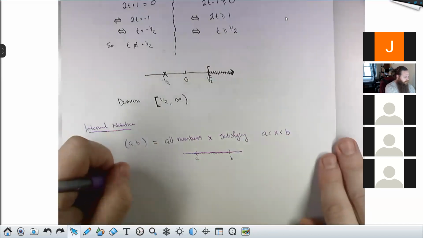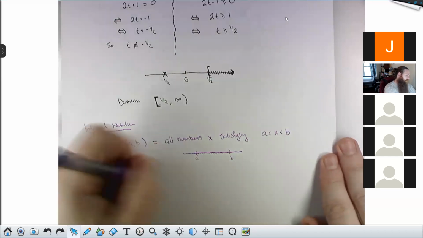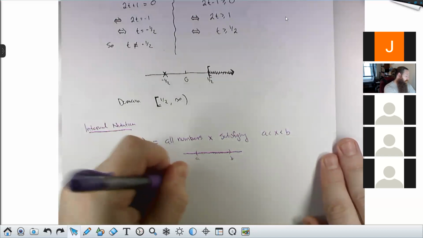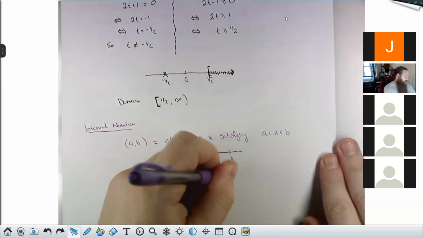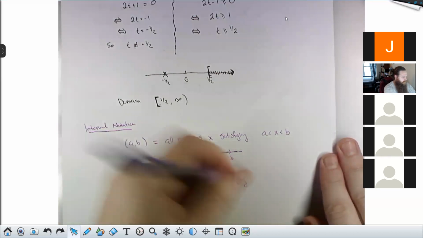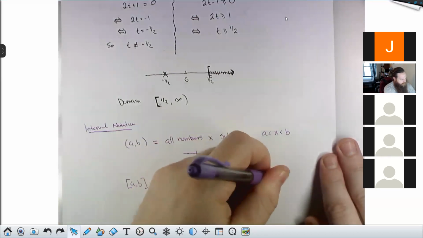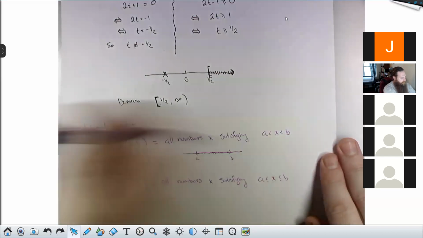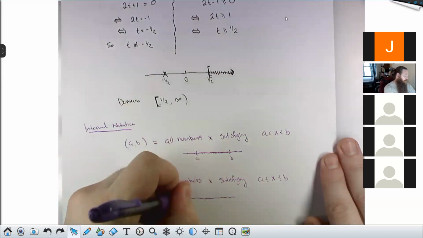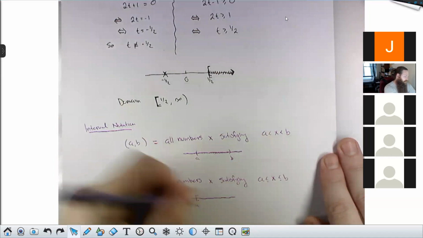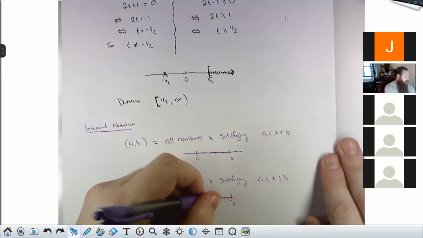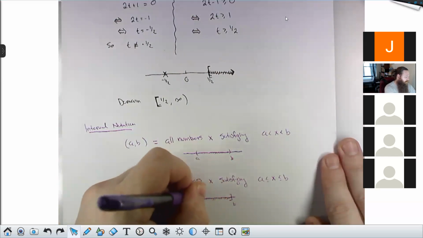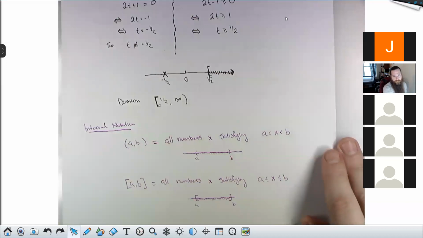The closed interval from A to B, this is all numbers x satisfying A is less than or equal to x is less than or equal to B. And on a number line, that looks like this. It's everything from the open interval together with the endpoints.